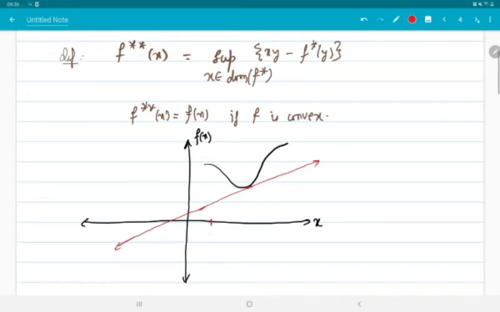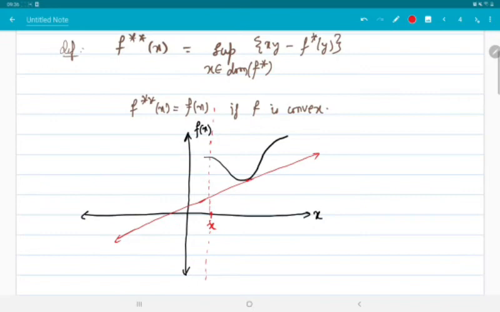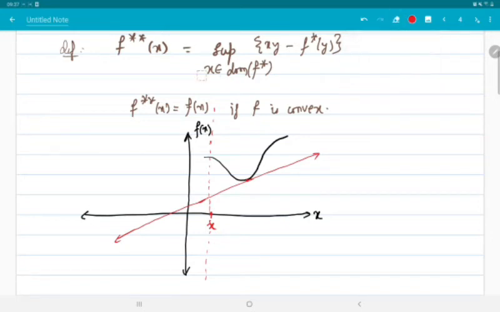We are fixing one x, fix a value of x here, and this is the line which is passing through the point x, right? So this is, okay, I did something wrong here. This is y.